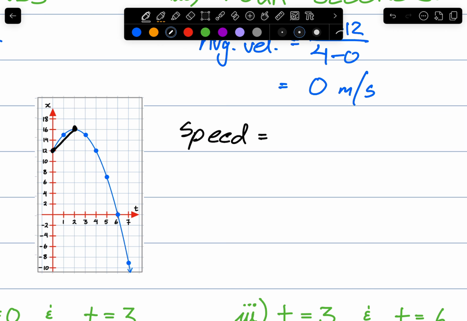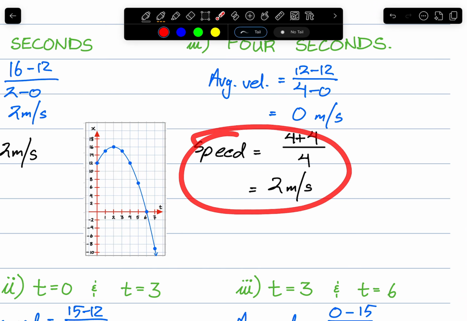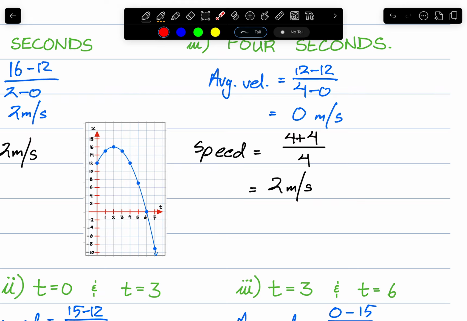That's going to be 4 plus, and it went from 16 down to 12 again. That's another 4 meters in 4 seconds. 8 over 4 gives us 2 meters per second. Take a close look. There's a drastic difference between these two examples.